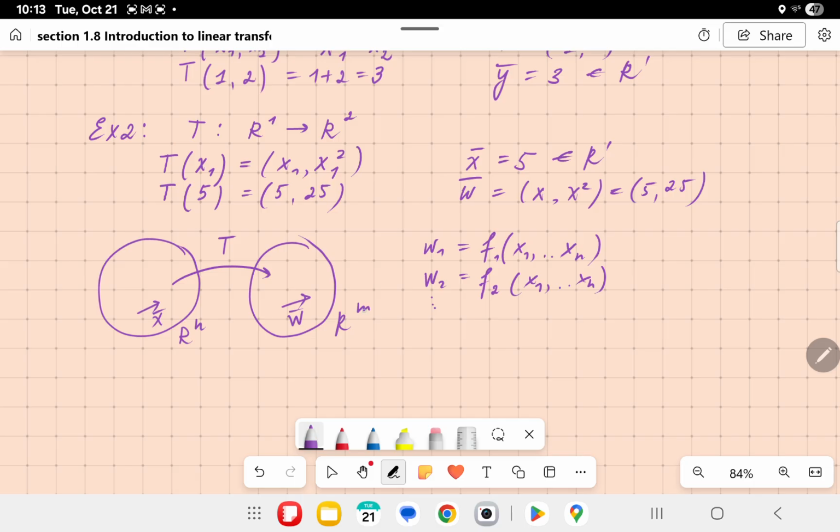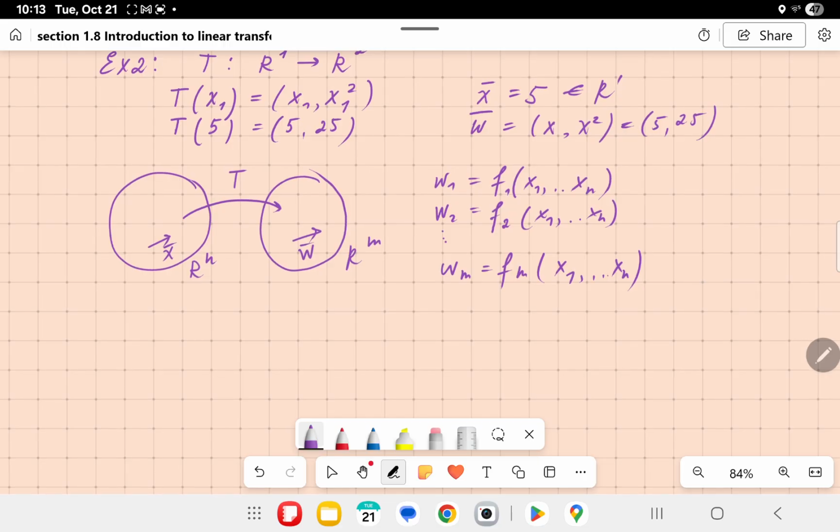And I don't know, the dimension is m, so the last coordinate m is going to be fm of x1, ..., xn. Okay? And finally, the transformation itself of x1, ..., xn is going to be equal to a vector with these coordinates w1, w2, ..., wm. Okay?